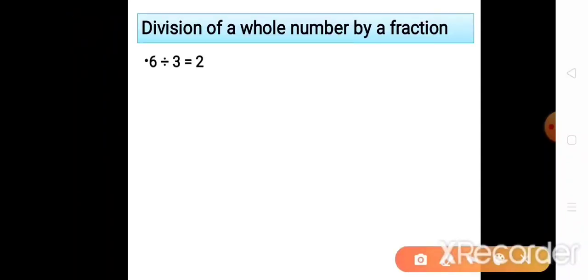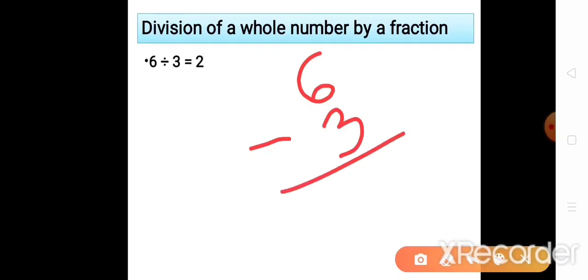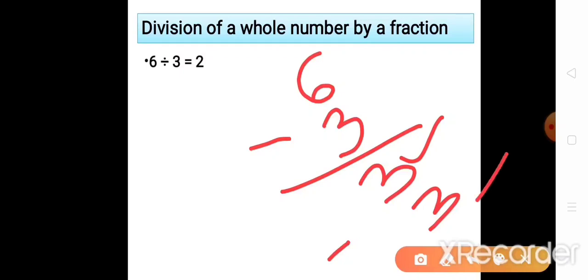Now, 6 divided by 3 is also equivalent to subtracting 3 from 6 until and unless you are getting 0. As you can see, in the first subtraction we have got 3. Now, we can't stop here. We have to do the subtraction again. So, again, this 3 is going to get subtracted by 3 and the answer we are going to get is 0.